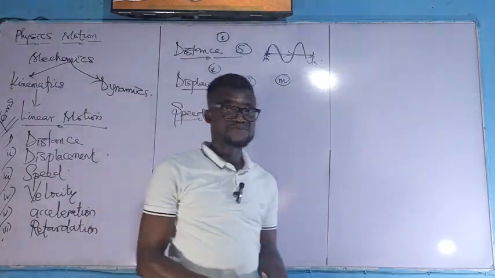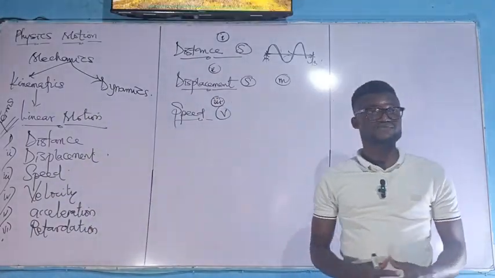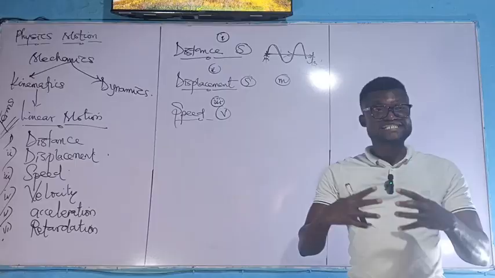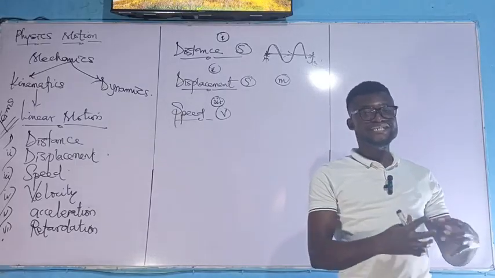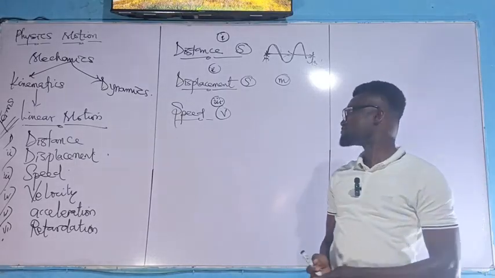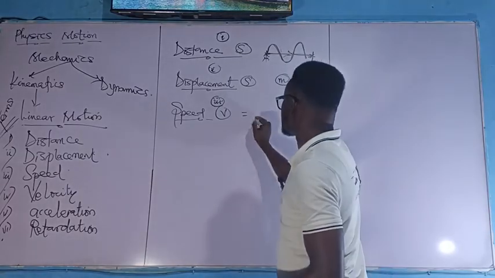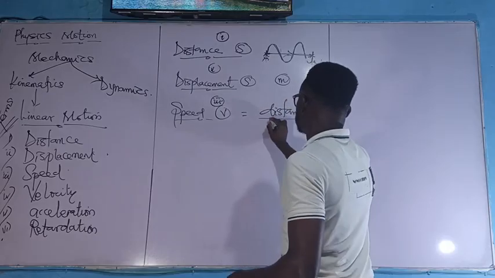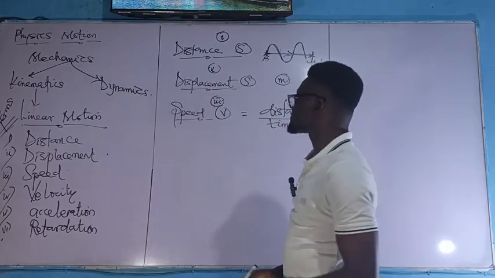Now, what's speed? Speed is a distance per unit time.